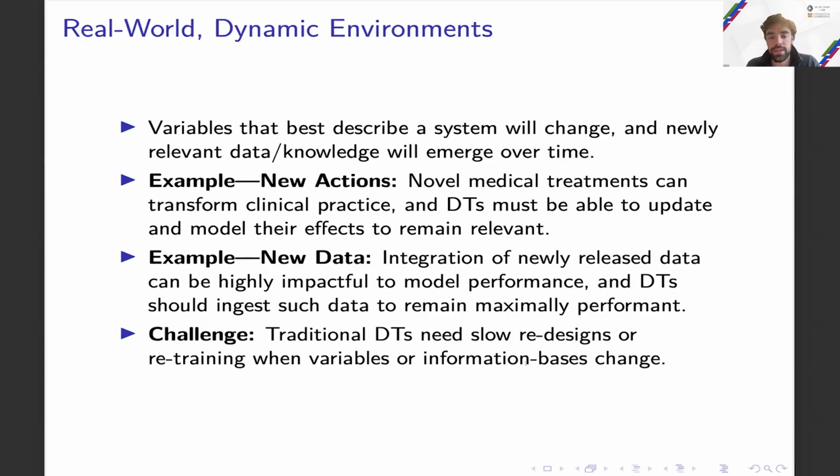When new data is released, or new knowledge becomes available through clinical studies or anything of that nature, that would change the environment that we're operating in, and we would want to quickly allow our model to update to this new environment.